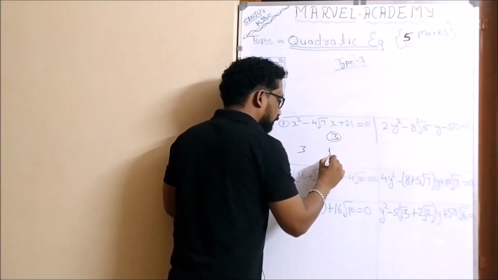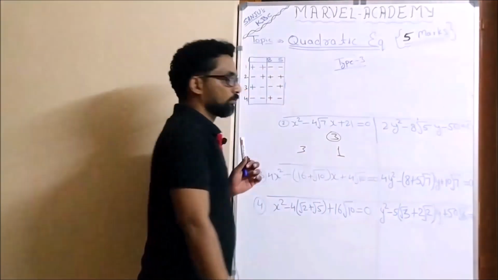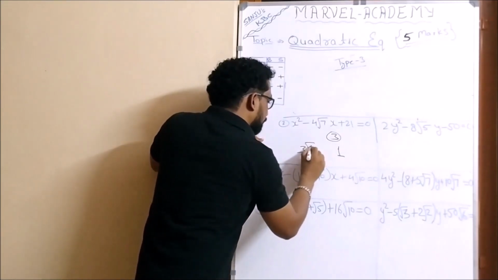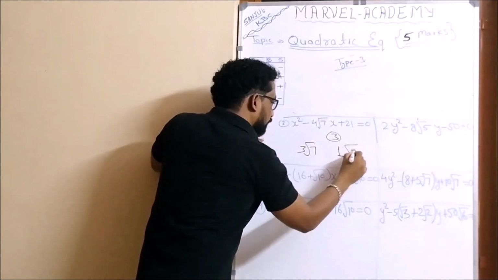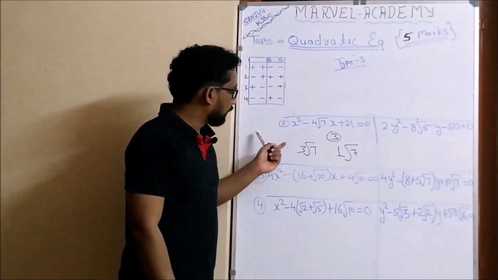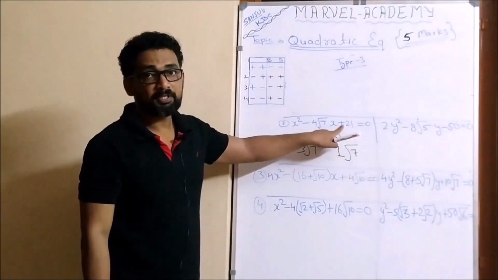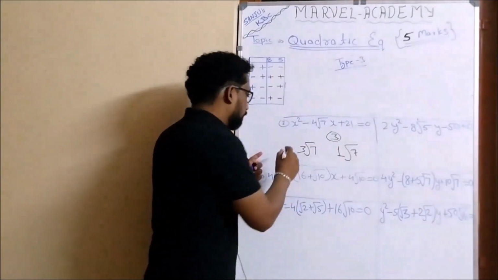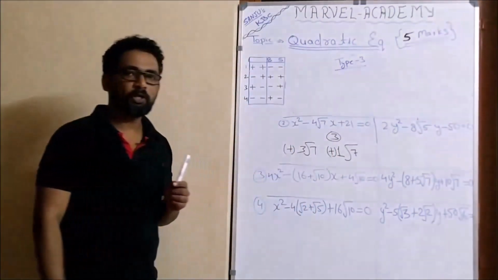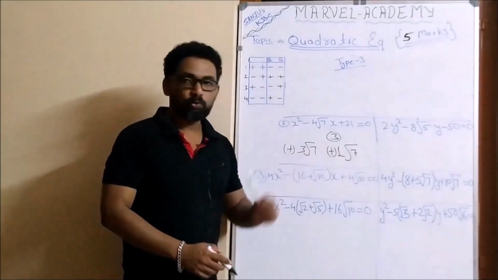That is 3 and 1. Then I have to put this root 7 in both the factors. Now my signs are negative and positive, that means the resultants will be both positive. So my factors are 3 root 7 and 1 root 7.